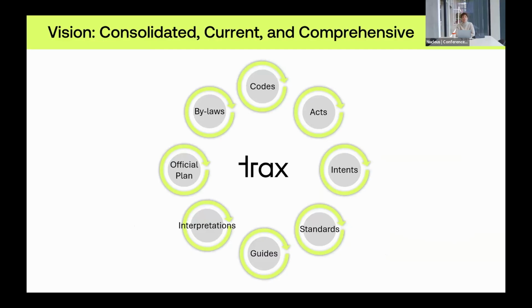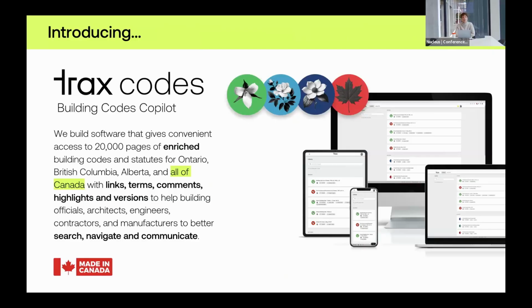So we're trying to consolidate things like codes, acts, intents, hopefully at some point standards from a variety of organizations, as well as a few others into one location so that they can all be searched, easily accessed, linked to one another when there are references between them, and also use AI to help people navigate and figure out where they're going. So that's what we've started doing with our tool, which is called Trax Codes.